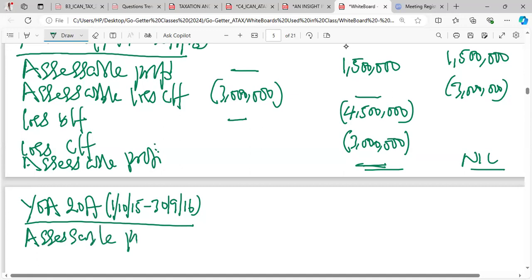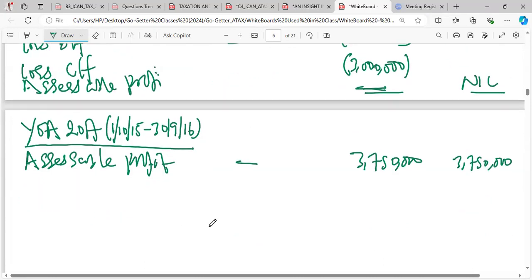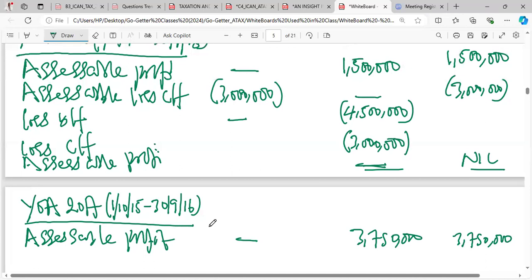Accessible profit. That's 3,750. Instead of me writing nil like this, I can write nil if I want to, but let me put a dash. So that in the group, we have 3,750 in the group. Okay?